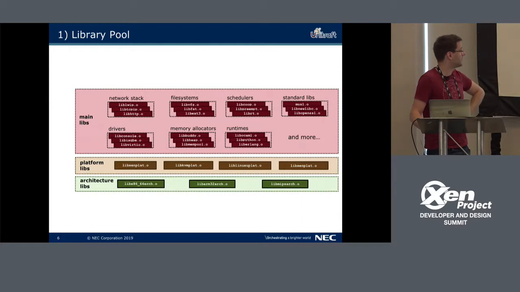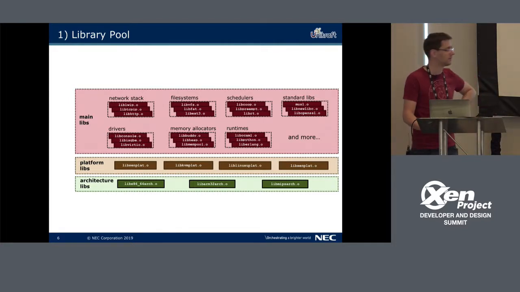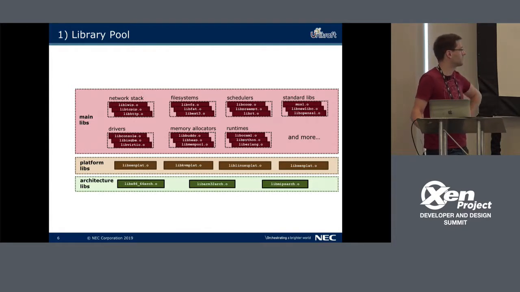Then we have platform libraries, which implement specific calls to the particular hypervisor environment. So for instance, the Xen one has Xen hypercalls, Xen drivers. The KVM one speaks Virtio and KVM specifics and so forth. And then we have some architecture libraries which are needed for implementing some CPU-specific requirements.